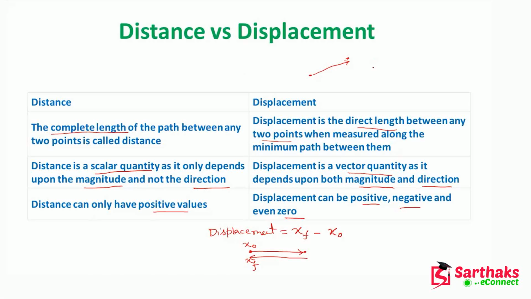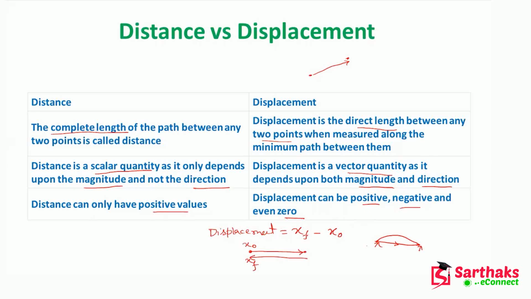So that is the displacement, right? In that figure also, whatever we have seen, suppose this was the semicircular path. Now suppose I have started the journey from here and I have moved here, then again coming back to this place. So at that time you can see that displacement is zero, right? So displacement may be positive, may be negative, even zero.